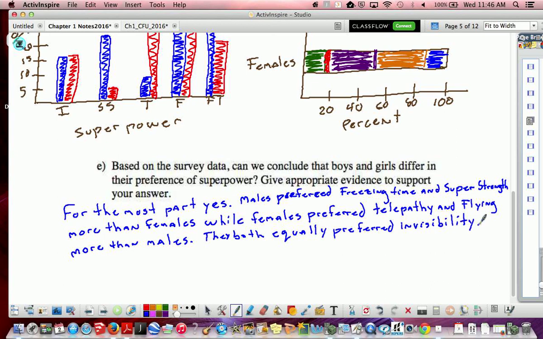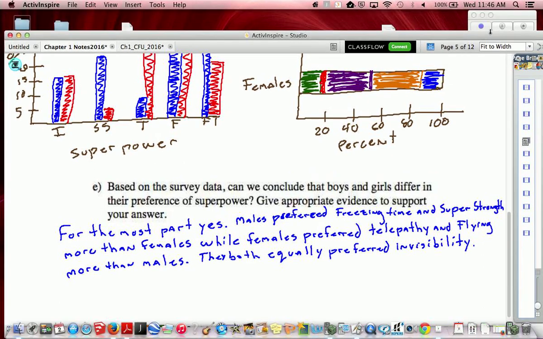Notice now how not only did I answer the question, I'm giving support and I'm trying, as much as I can, to include all of the superpowers or all of the pieces that I'm analyzing or that I have data on in my answer. All right, any questions so far with the notes? All right, let me stop the video.